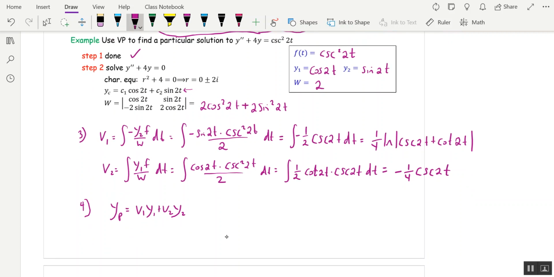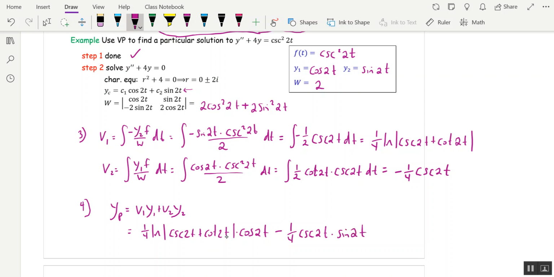All right, so this is going to be a little bit long. 1/4 ln absolute value of cosecant 2t plus cotangent 2t times y1, which is cos 2t, plus v2, which is negative, so I'll just put minus 1/4 cosecant 2t times y2, sine 2t.